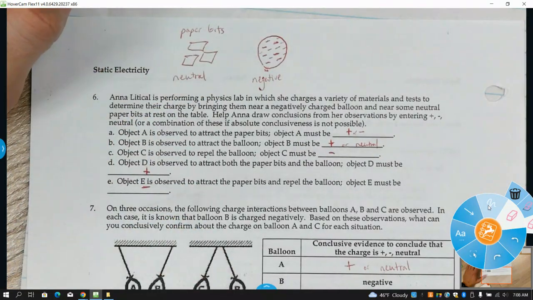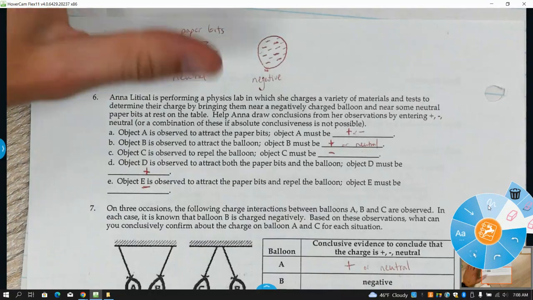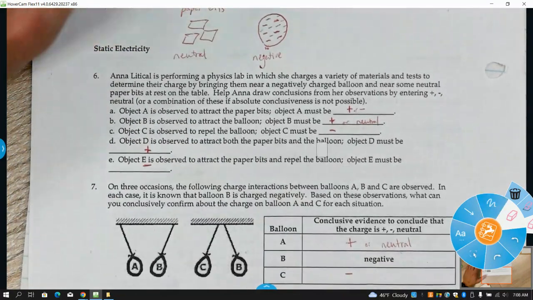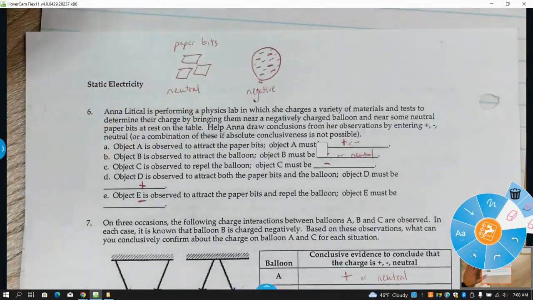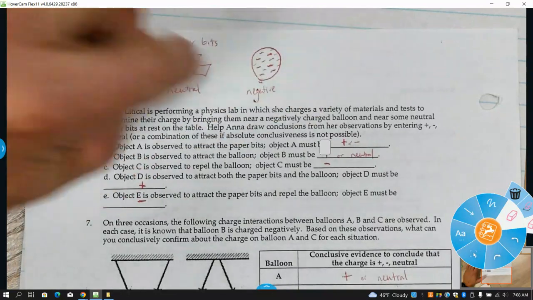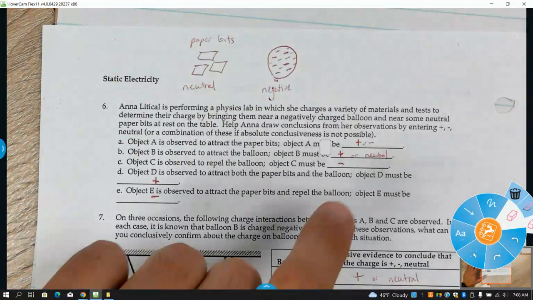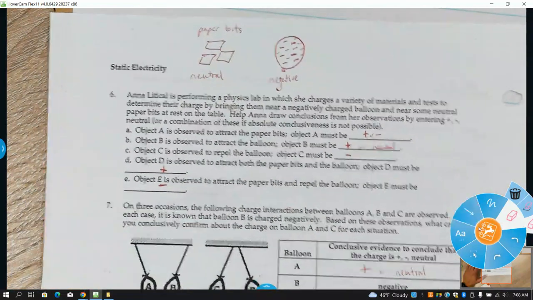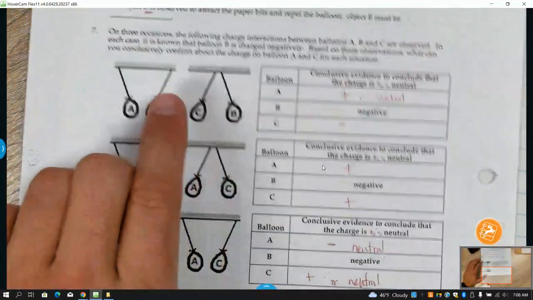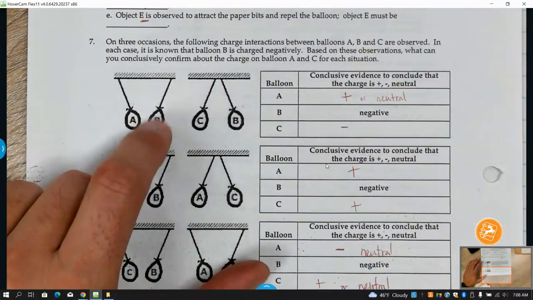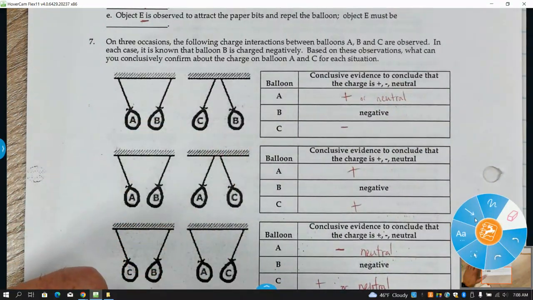So it has to be positive because if it was negative, it would not be able to do so. E attracts paper, so it has to have positive or negative charge, and then it repels the balloon. A positive charge would not repel the negatively charged balloon, so therefore it has to be negative only.